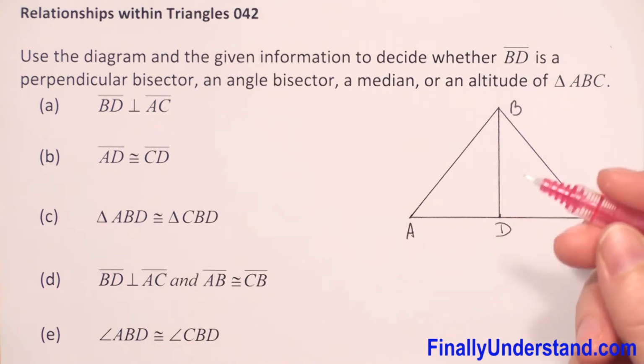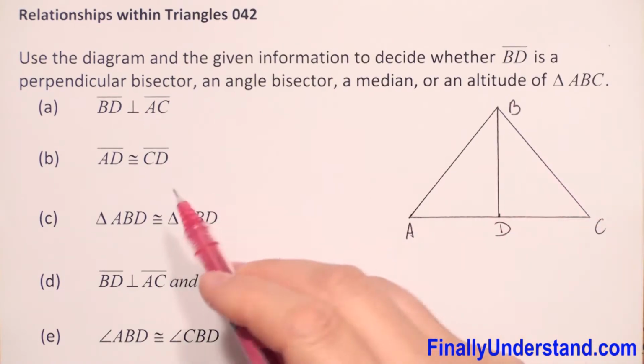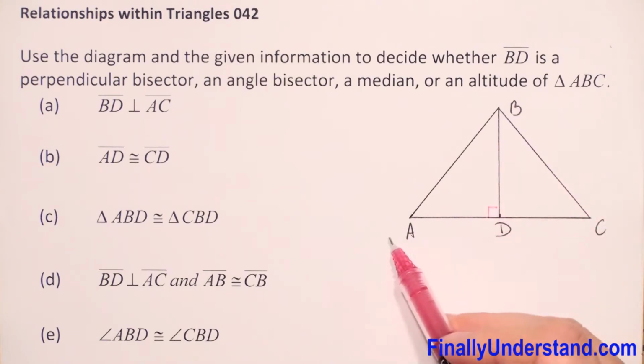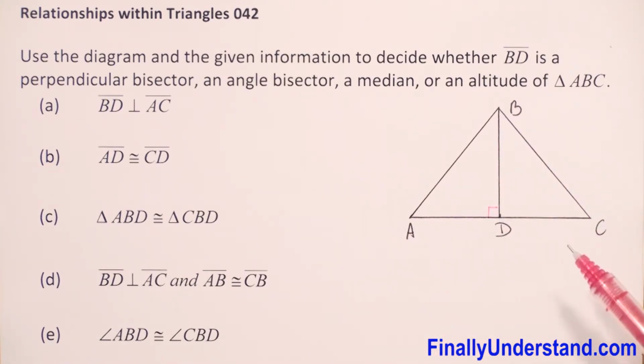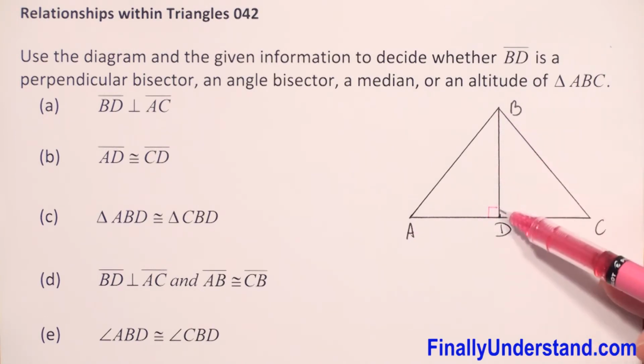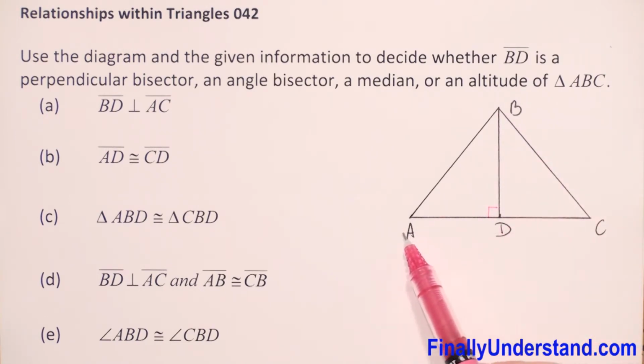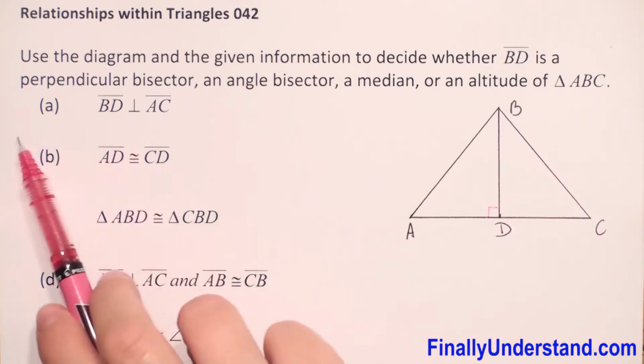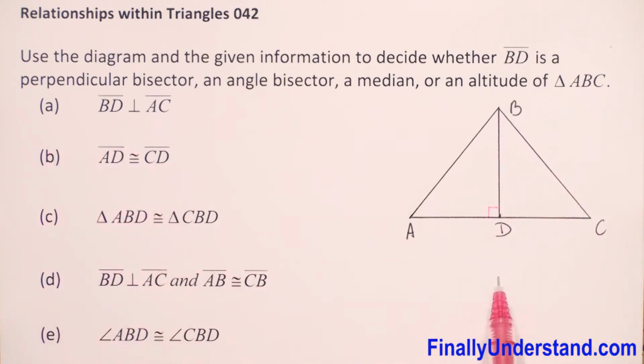So for A, I will use pink. We have that BD is perpendicular to segment AC. We know only that BD is perpendicular to AC, so we can say only that BD in the first example is an altitude.